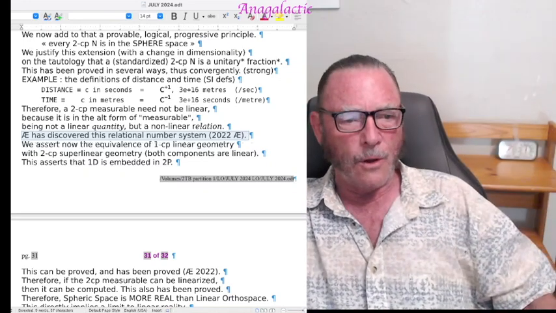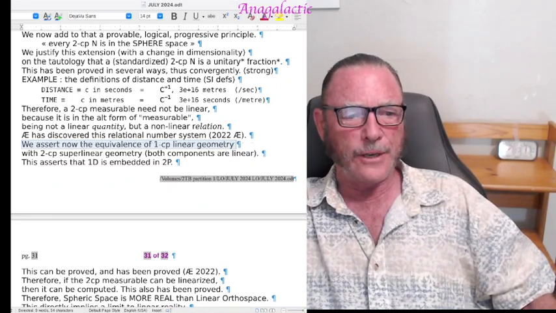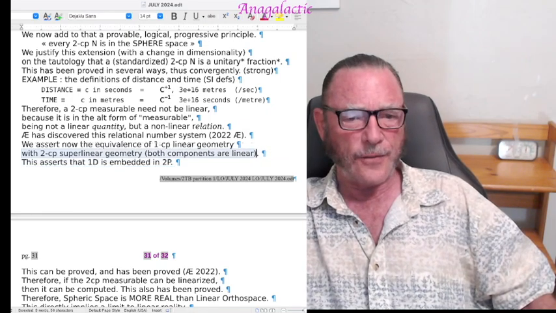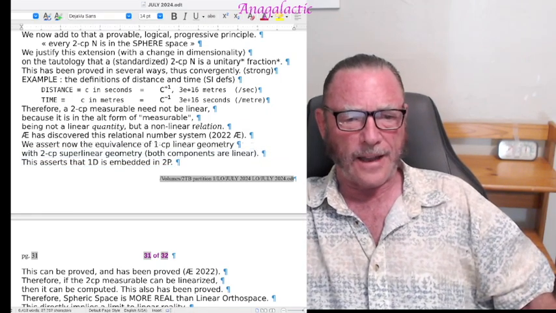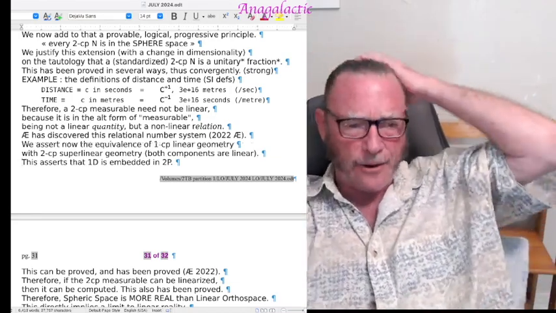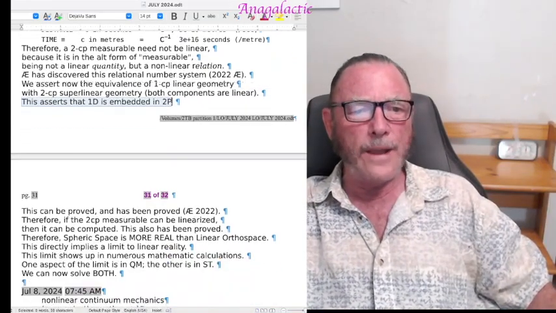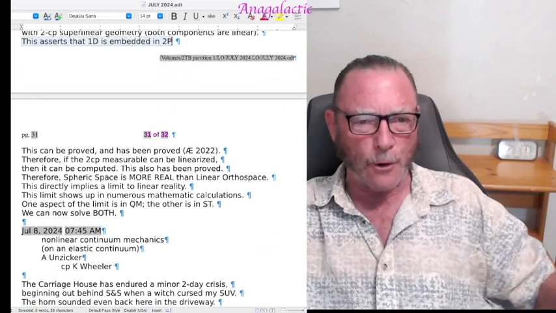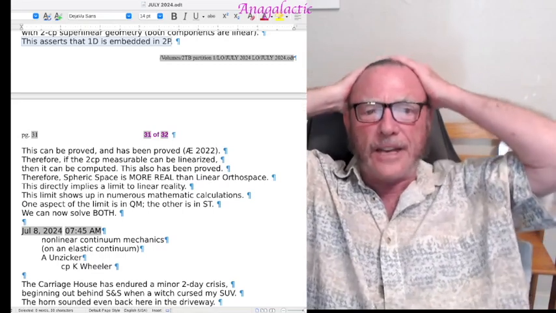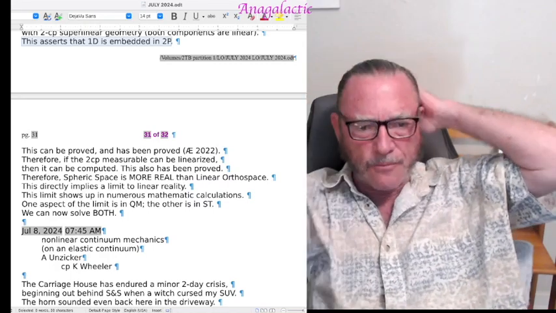We assert now the equivalence of one-component linear geometry with a two-component superlinear geometry, and I say it that way because of the critical fact, which I proved, both components of the fraction are linear. That ties it. That's a wrap. And now we've got it. The breakthrough. This asserts that 1D is embedded in proportional spheric space.